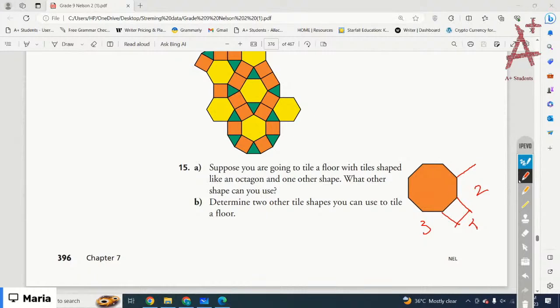That is a square. That means you have to use a square with this one. So the other figure you can use with the octagon is a square, because you have space over here, so that means you need to put a square over here, right?